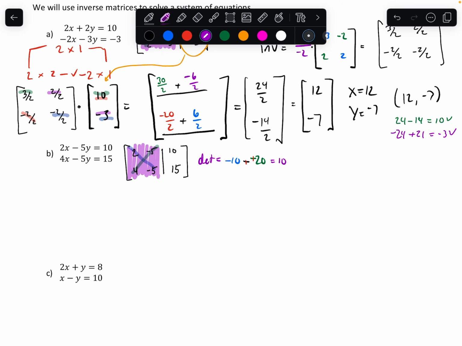And so then our inverse is going to be equal to 1 over 10 times, so 2 and negative 5 are going to switch, so I got negative 5 and 2, and then the negative 5 in the top right switches signs, so it becomes positive 5, and the 4 in the bottom left switches signs, becomes negative 4.